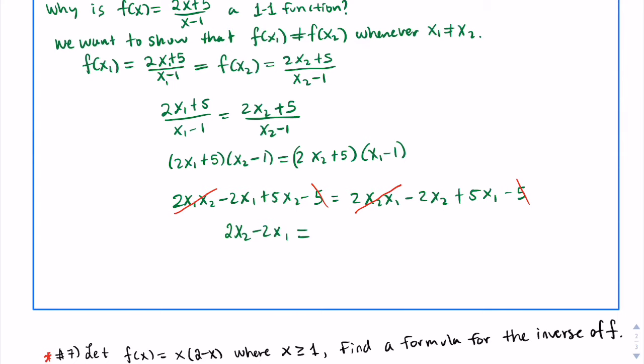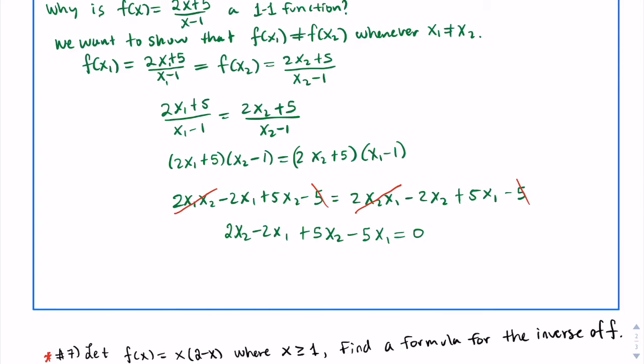I have this plus 5x2, and then plus 2x1, and then I'm also going to bring the negative 5x1 to the left side.